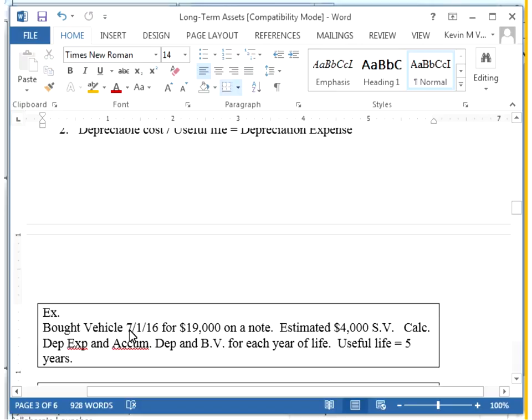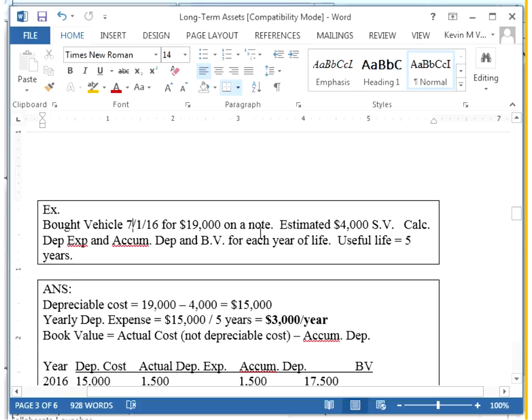One of the key things is it was purchased in July of 2016. It cost $19,000 on the note. We estimate it has a salvage value of $4,000 and a useful life of 5 years. So again, if you need to pause, do so. And then I'm going to go through how we do this.